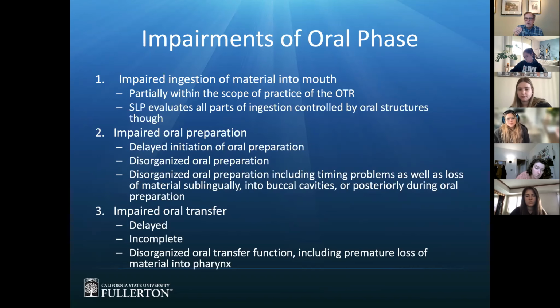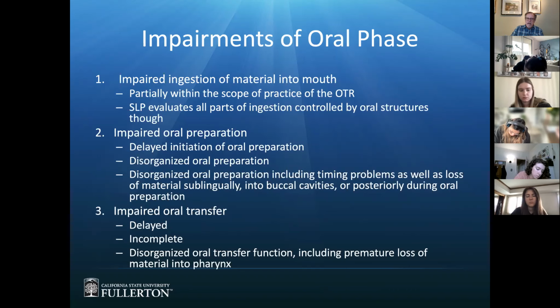Can they, for example, purse their lips around a cup or around a straw? We observe that. Can they remove the material from a spoon? Do they have enough pressure of the upper lip and the tongue to remove materials from the spoon? So we look at how they get it into their mouth, not so much how they get it to their mouth.